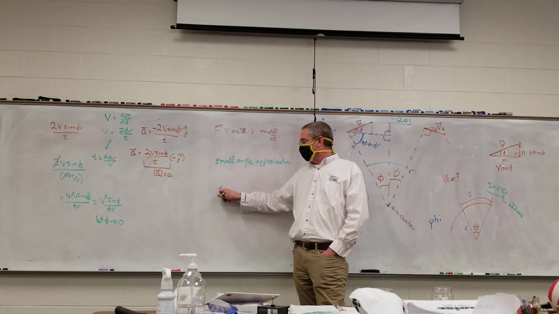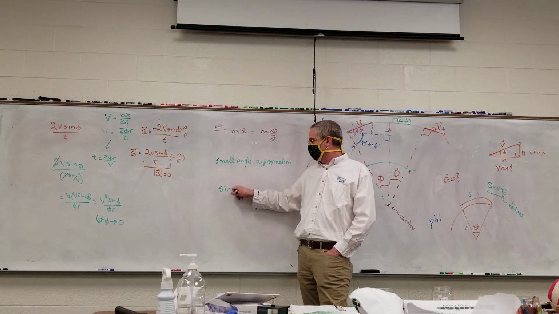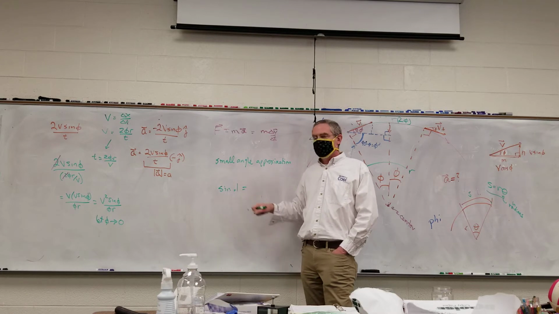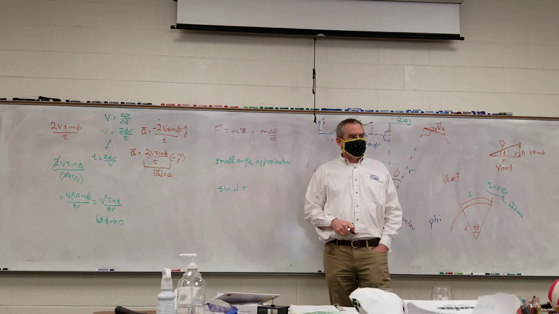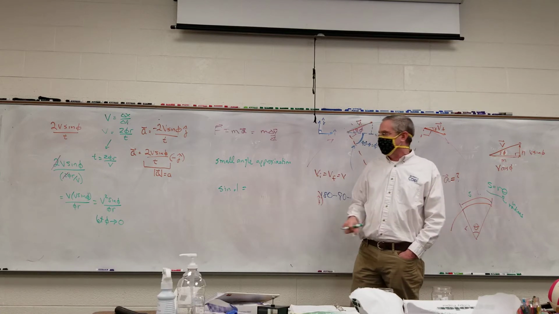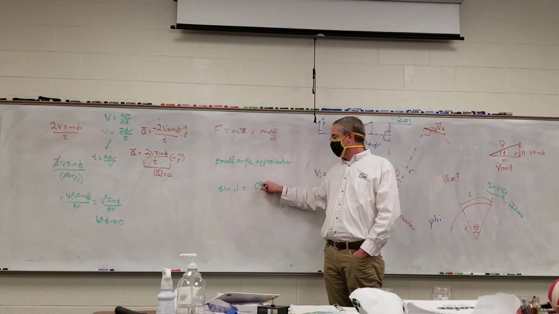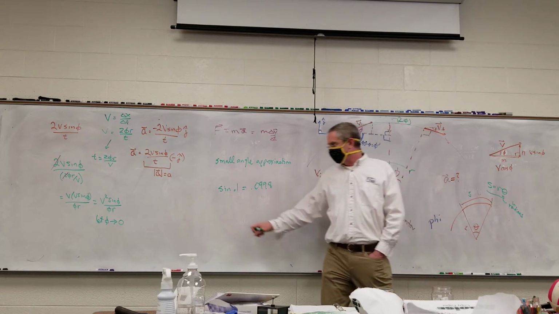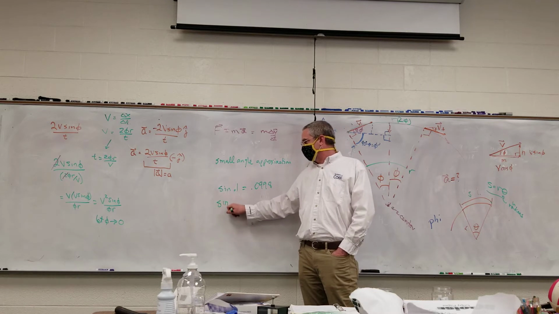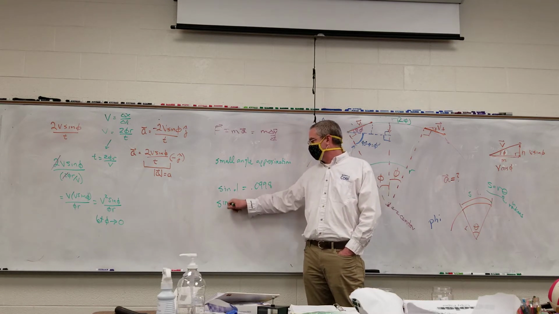And in radian mode, I want you to find the sine of 0.1. What do you get? 0.0998. Say it again. 0.0998. What about the sine of 0.05? 0.049998.